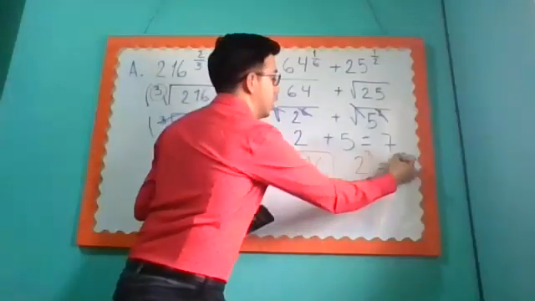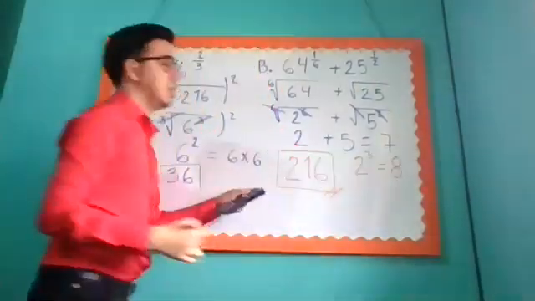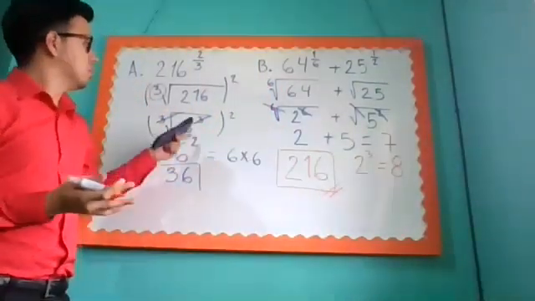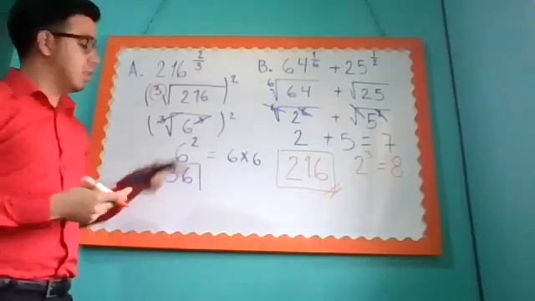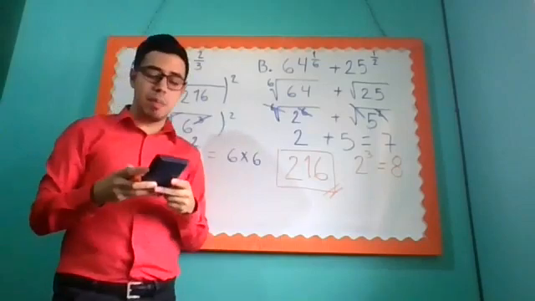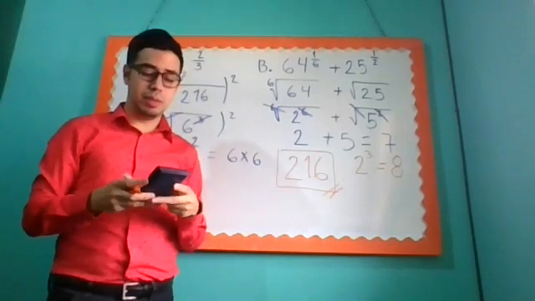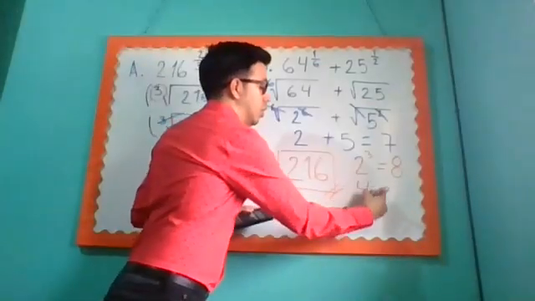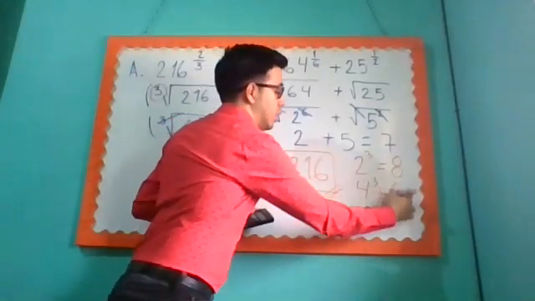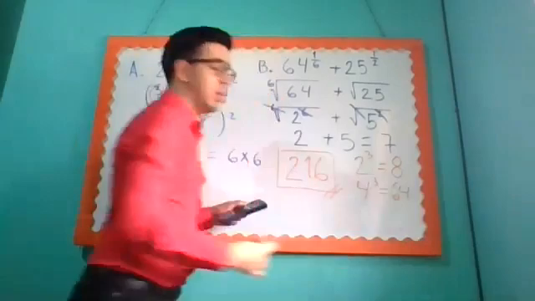Then I know that this number is not even closer. We have 216. So I can try, for example, 4 to the power of 3, which is 64. Okay, but we need more.